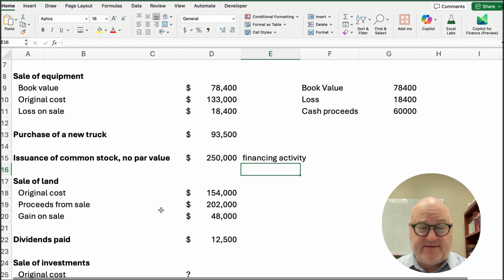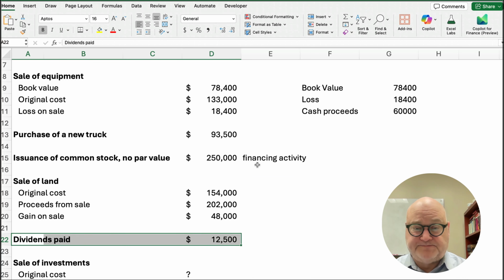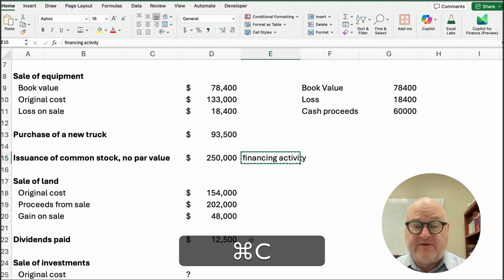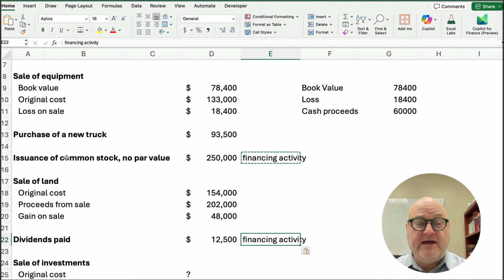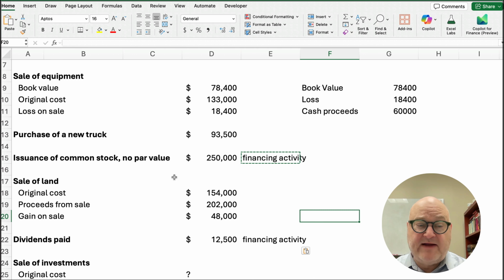In fact, we already have something down here that's also financing. So we're going to ignore the issuance of common stock. We're going to ignore dividends paid because those two are financing activities. This problem is not going to trick us today. Not today, investing activities. These are financing activities. They go in the financing activity section.